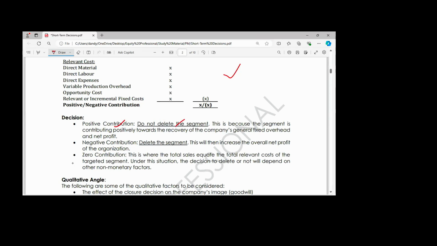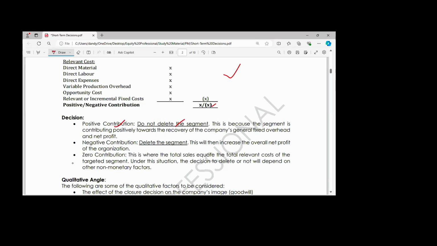In as much as the segment is contributing positively, do not discontinue the segment. But if the segment generated a negative contribution to the organization, then your advice should be that the company should delete the segment, which will then increase the overall net profit of the organization.